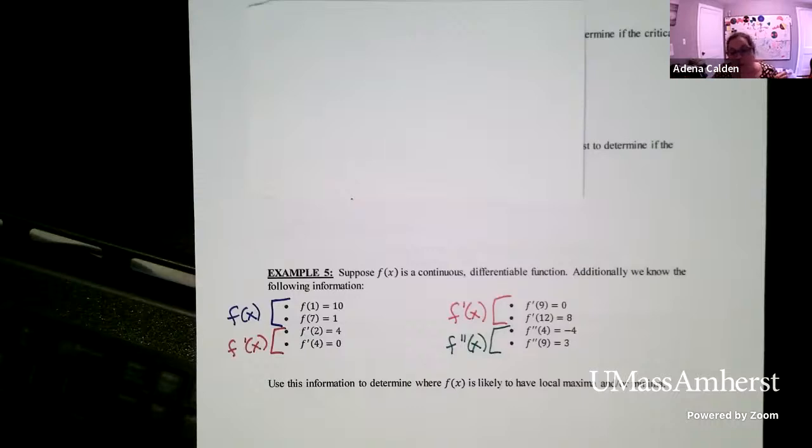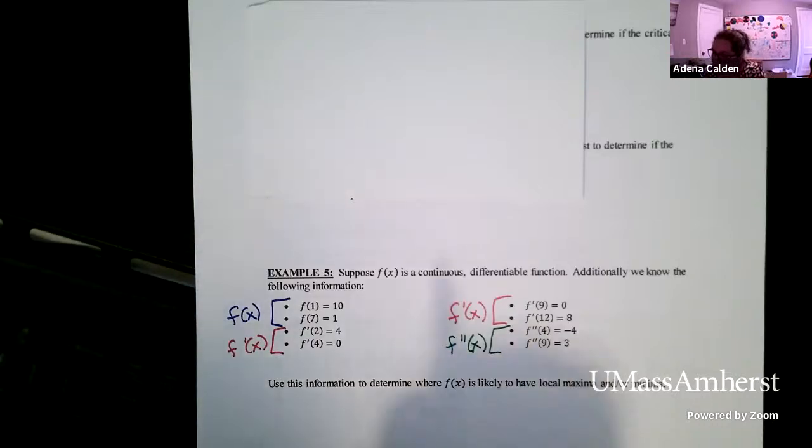Okay. So since we are trying to understand where we might have a local max or min on the original function, the first thing we need to do is figure out if we can identify critical points, because we know that maximums and minimums happen at critical points. So the first thing we're asking is, do we know of any places where the first derivative equals 0?